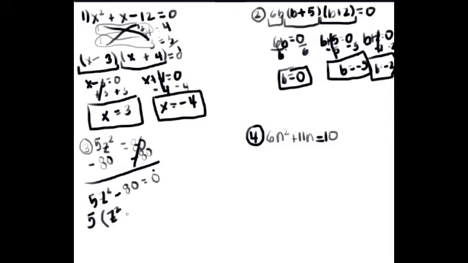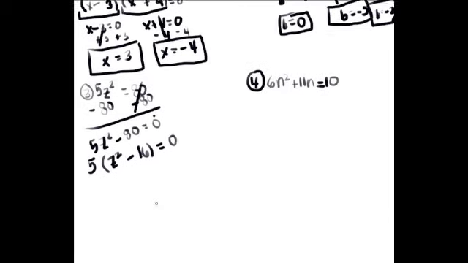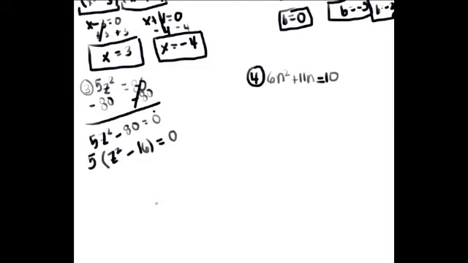So if you pull out a 5 from both of them, what's going to be left, if you believe me or not, is this. Okay, 5 times z squared minus 16. And so what will happen here is we're not done because we can still factor this inside part here, z squared minus 16. It's a difference of two squares. Remember, we have two things here, and they're separated by a minus sign.